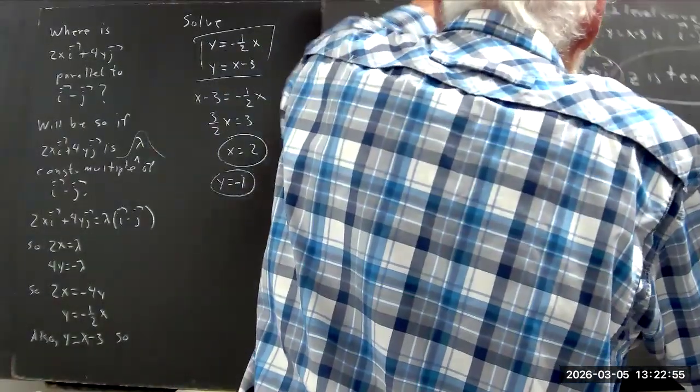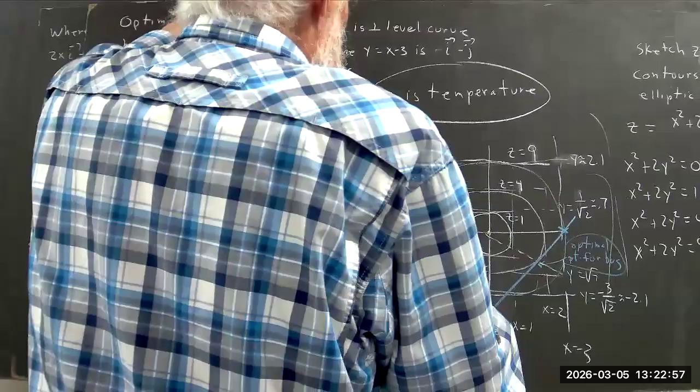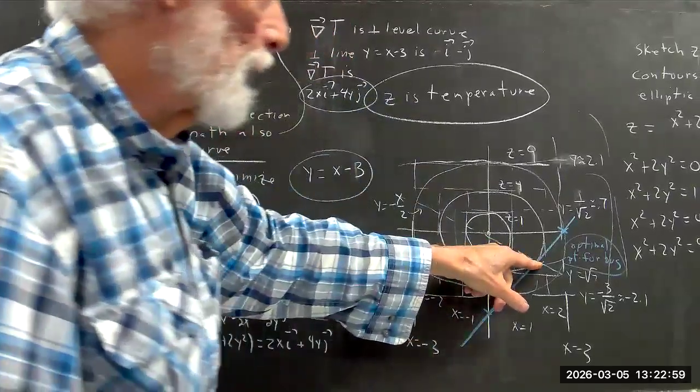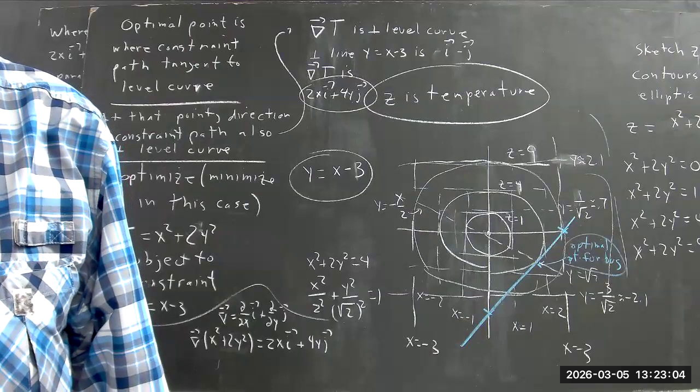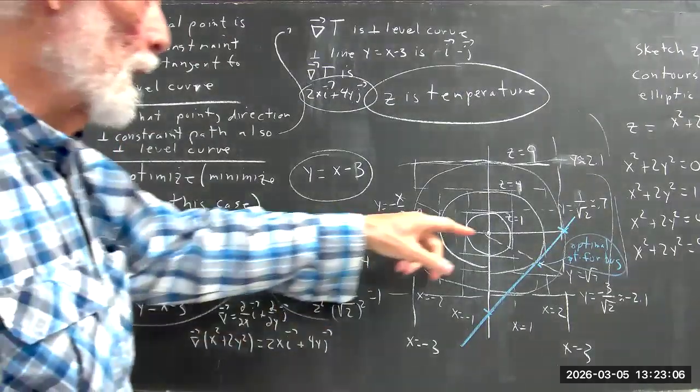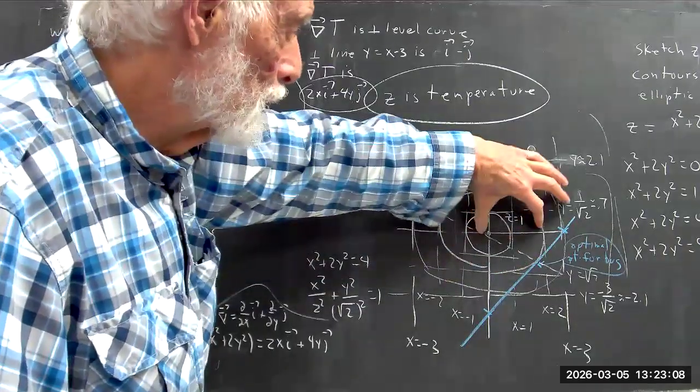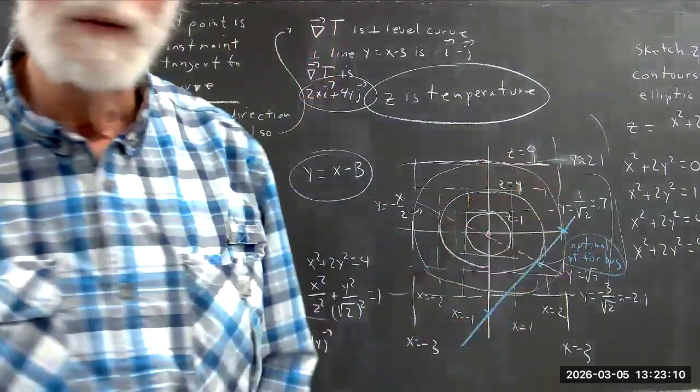Does it make sense that this might be the point (2, -1)? Well, in terms of the graph, if this is 2, this could easily be negative 1, right?